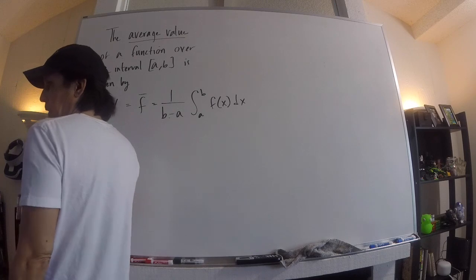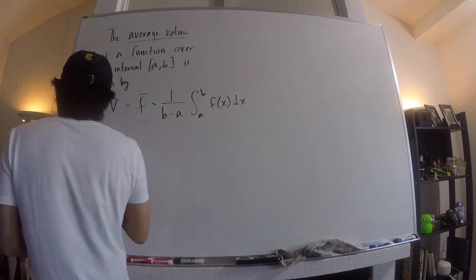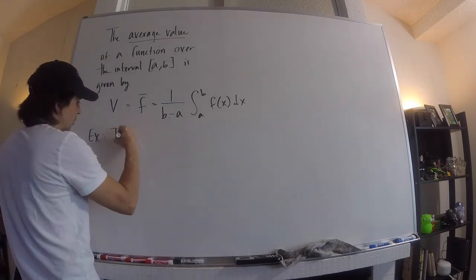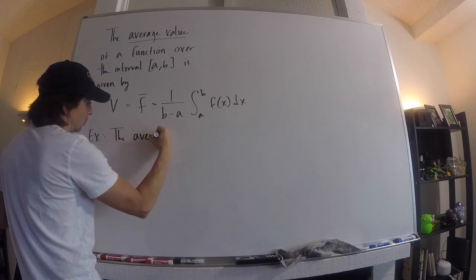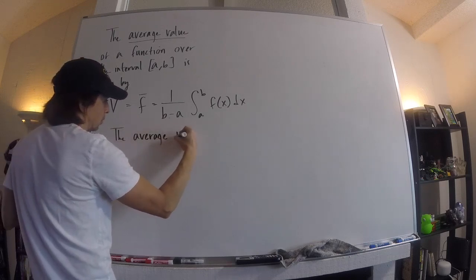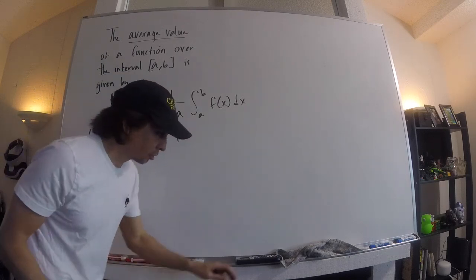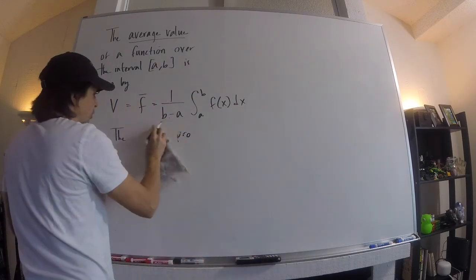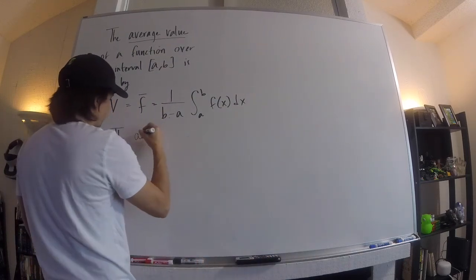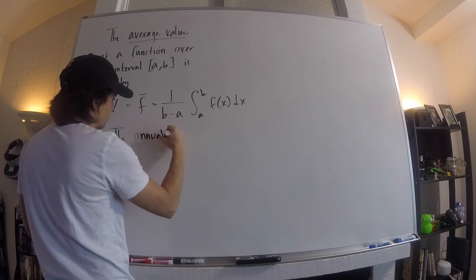Simplest thing for me to do is to use a previous function. Not the average, the annual profit. I'll use the same annual profit function, the first one.